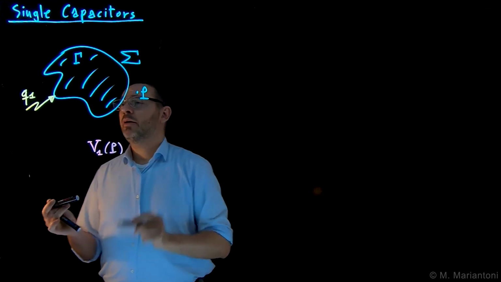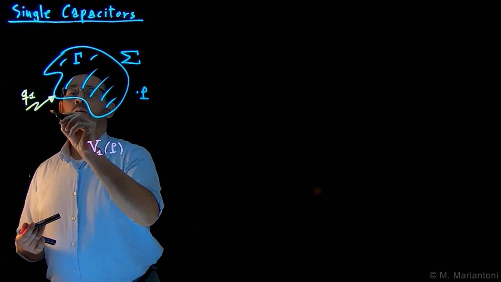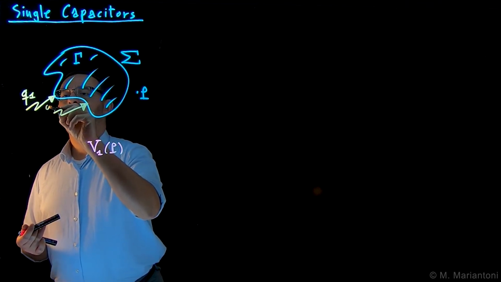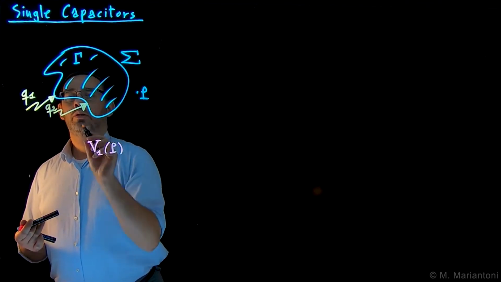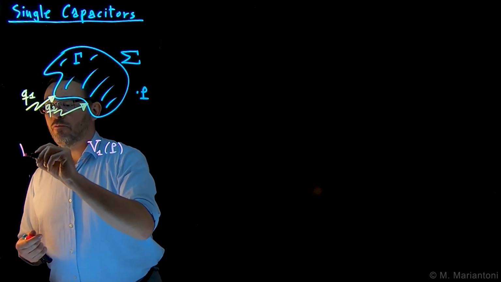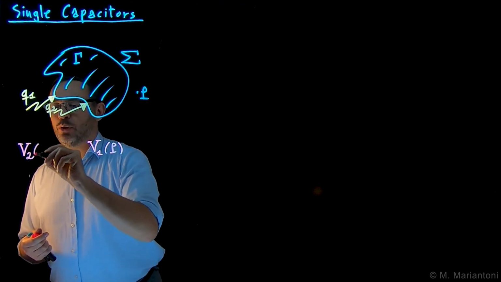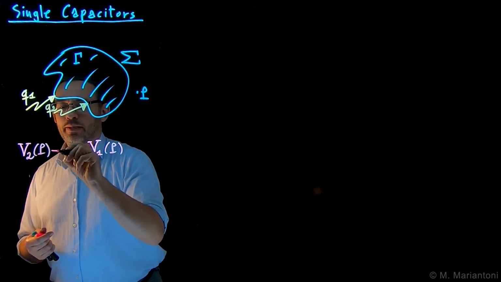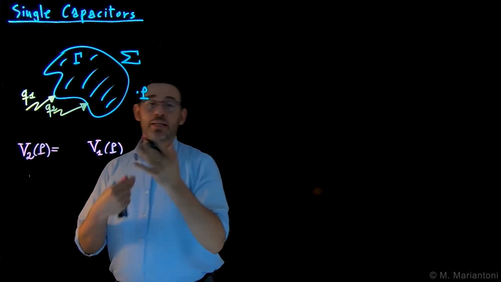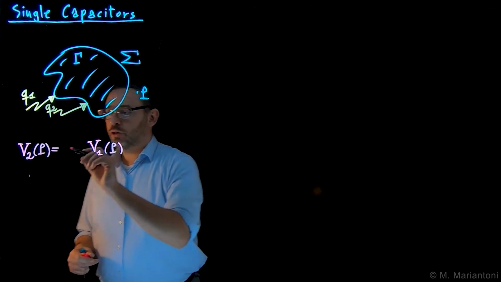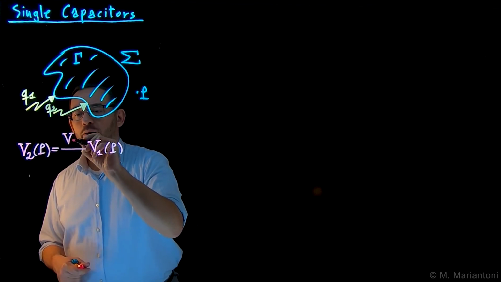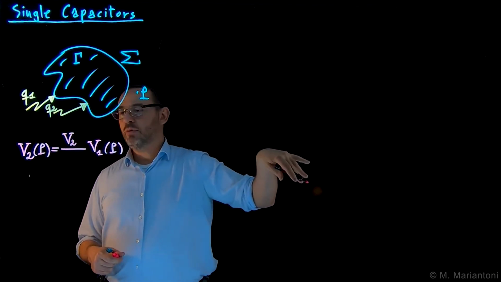If we now apply a charge Q2 to this object, this will generate an electrostatic potential V2 at point capital P. The relationship between these two electrostatic potentials, due to the fact that V is a harmonic function, is going to be V2 at P equal V2, and remember that this is a summary of what we have written down here.